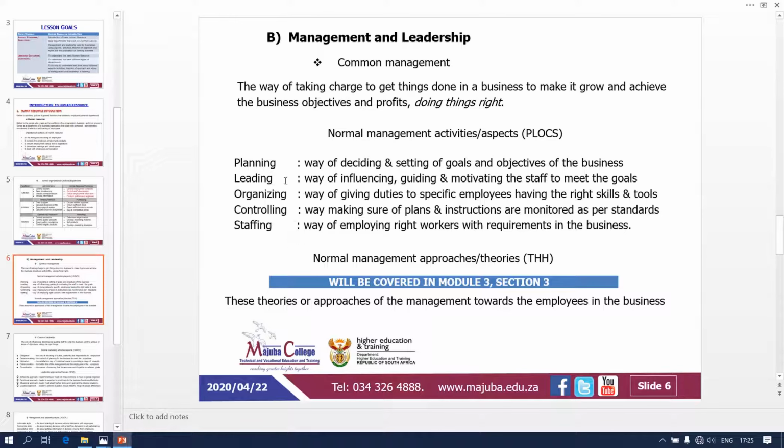They're for the management of the manager. Now these ones are how the manager or management looks at the employees. Like this one, traditional. This one, human relation. This one, human utilization theory. These are theories where, when I'm looking at you, you are a criminal. You've got red eyes, you are a criminal.